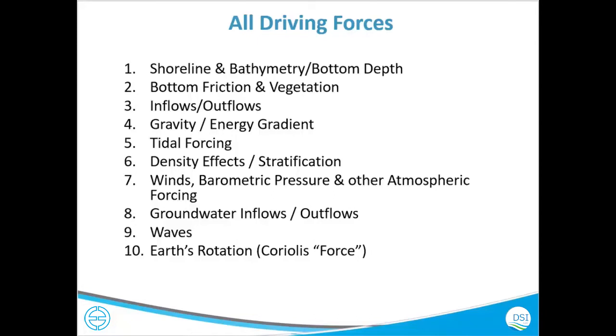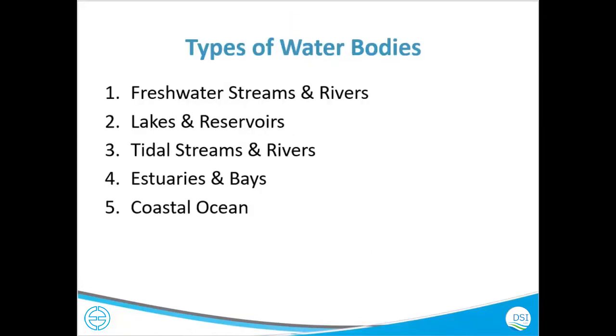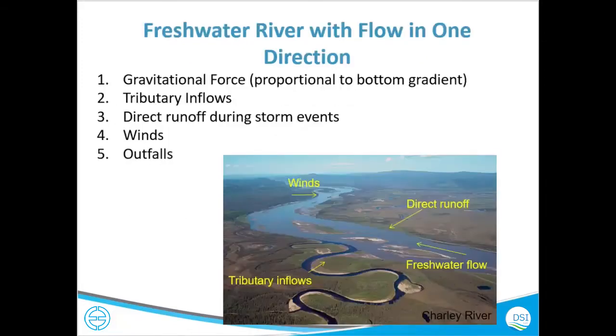So these are the main forces, and some of the common water bodies we deal with are freshwater and rivers, lakes and reservoirs, tidal streams, rivers, estuaries, and coastal oceans. So this is an example of a simple one-directional river. Water is flowing from this direction to there.